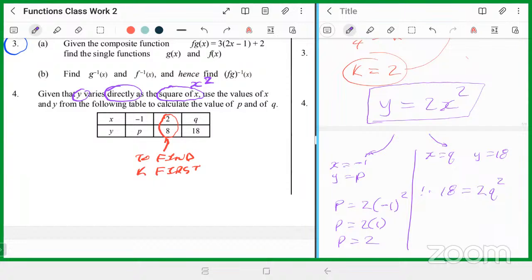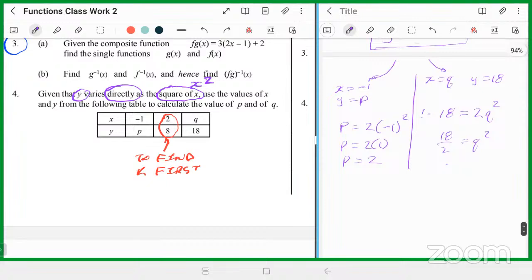To solve for Q, we're going to transpose these away from the Q. We're going to divide by the 2 first and get 18 over 2 equals Q squared. 18 over 2 is 9, so 9 equals Q squared. You're going to take the square root of both sides to get rid of this square. The square root cancels the power 2, so the power and the square root are gone.